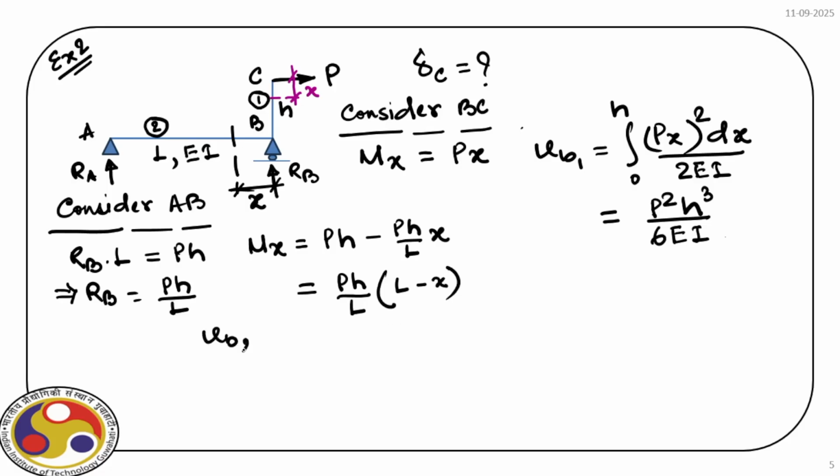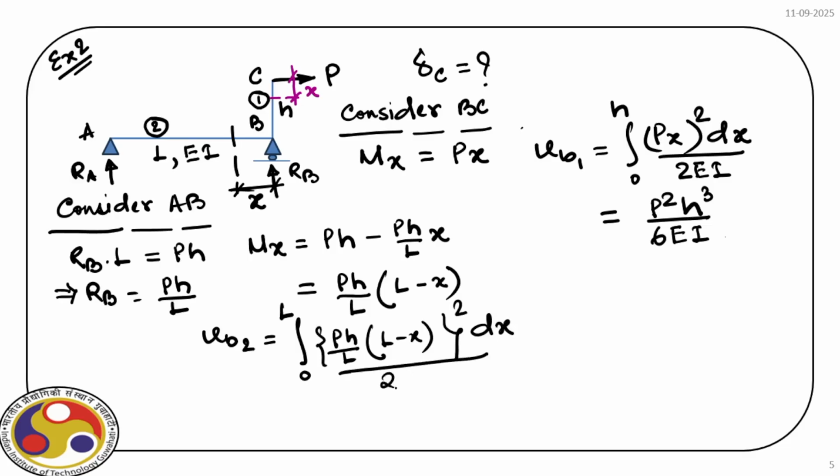So the bending strain energy for the second part is the integral from 0 to L of PH by L times (L minus x) whole square dx divided by twice EI.